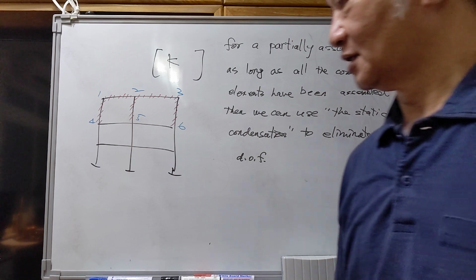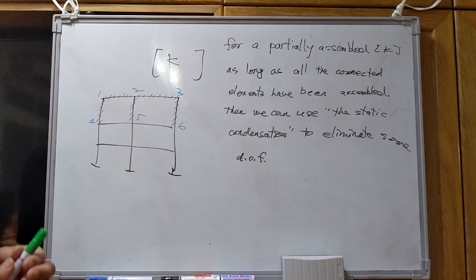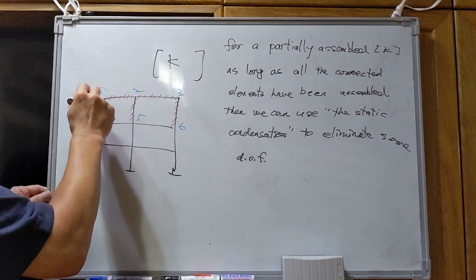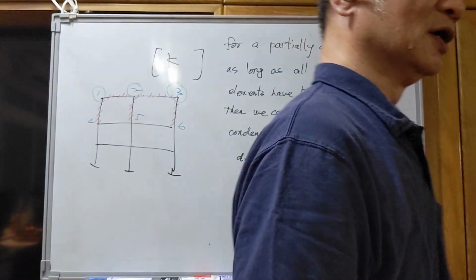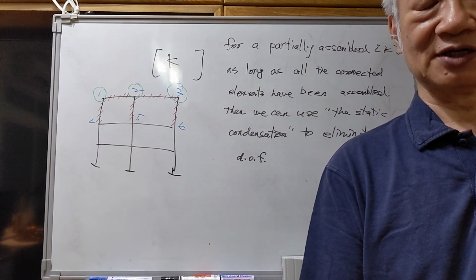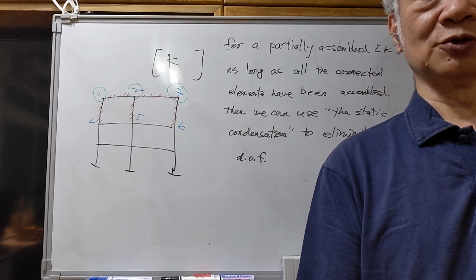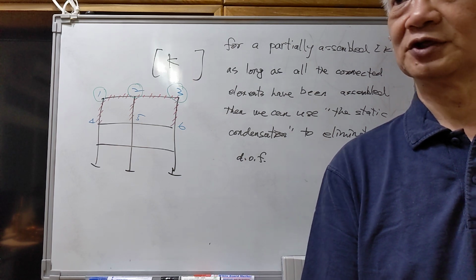Okay, the answer. If we assemble the 5 elements in the top layer, then for nodal points 1, 2, and 3, since all the connected elements have been assembled into the K matrix, we can use the static condensation to eliminate the corresponding degrees of freedom.